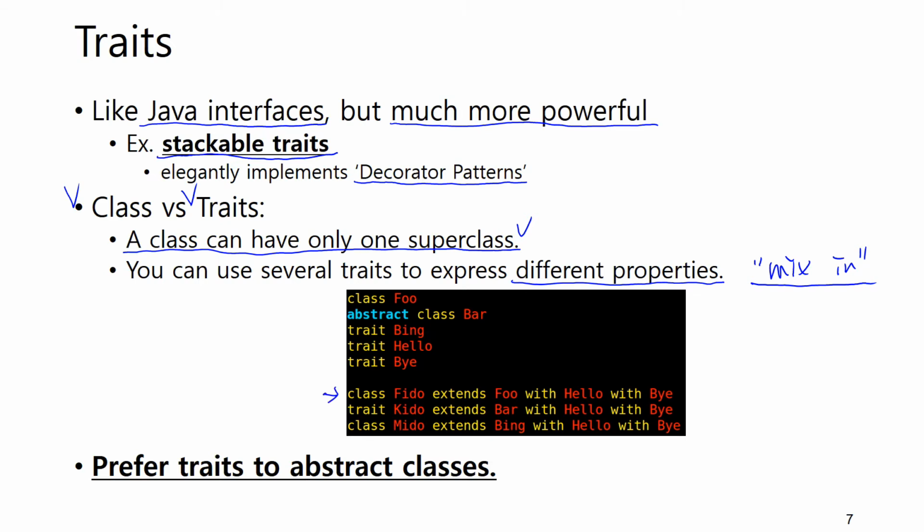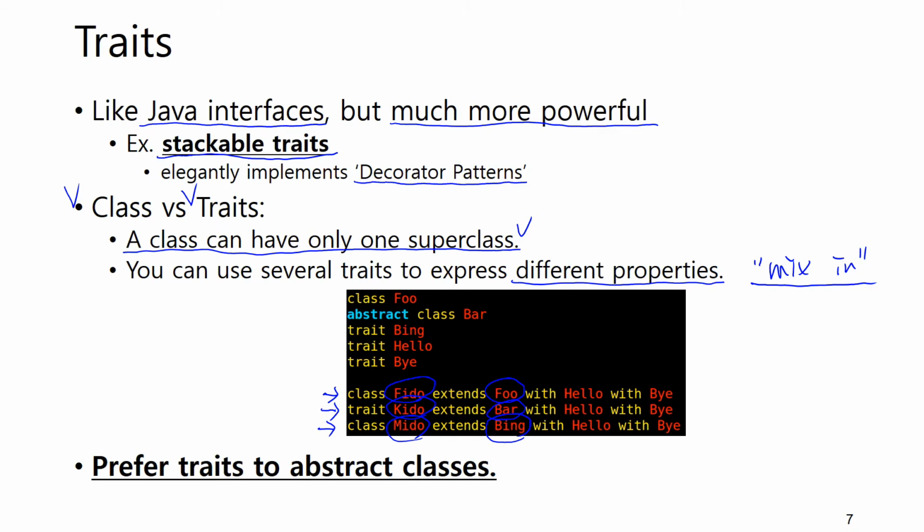Here, we create a new class Fido by extending an existing class Foo. Here, we create a new trait Kido by extending an existing abstract class Bar. Here, we create a new class Middle by extending an existing trait Beam.